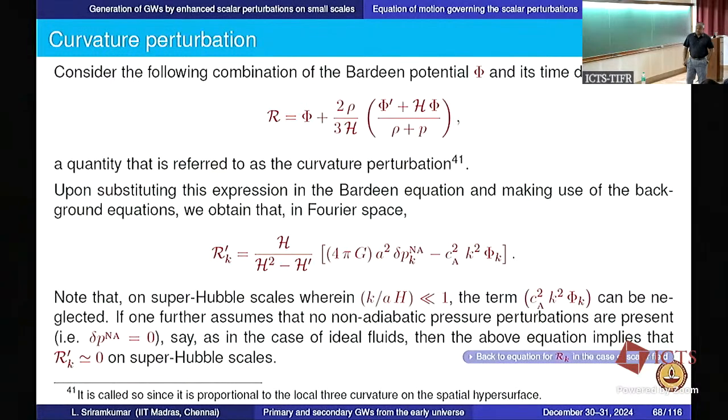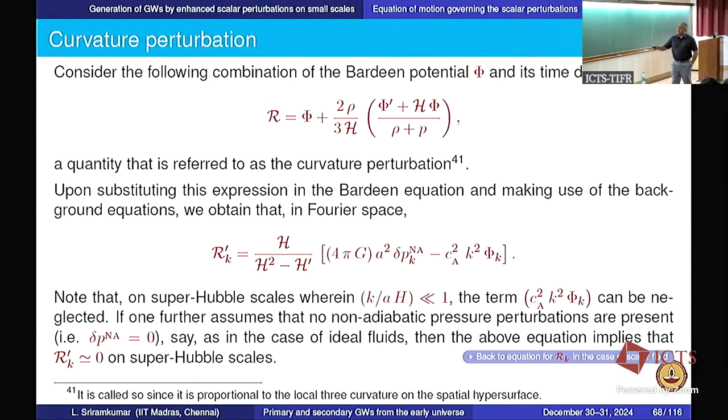I just mentioned a couple of minutes earlier that the primordial physicists talk about a slightly different quantity, not the Bardeen potential, but something called the curvature perturbation. And it is essentially a linear combination of the Bardeen potential and its time derivative. And it is introduced in this manner. And the reason why cosmologists, early universe physicists, introduced this quantity will become clear in the next couple of slides.